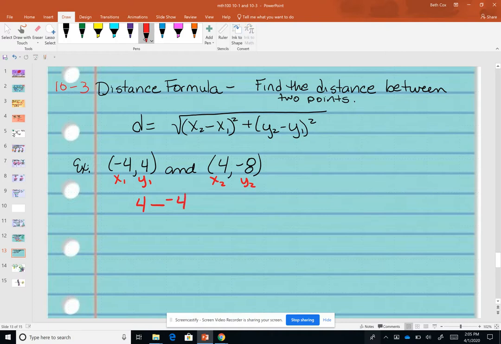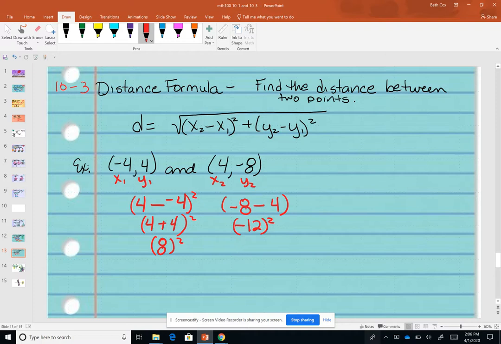That's going to turn into 4 plus 4, which is going to be 8. And that's got to be squared. And then I'm going to do y2 minus y1. That's going to give me negative 12. Square it. That's going to give me 144.